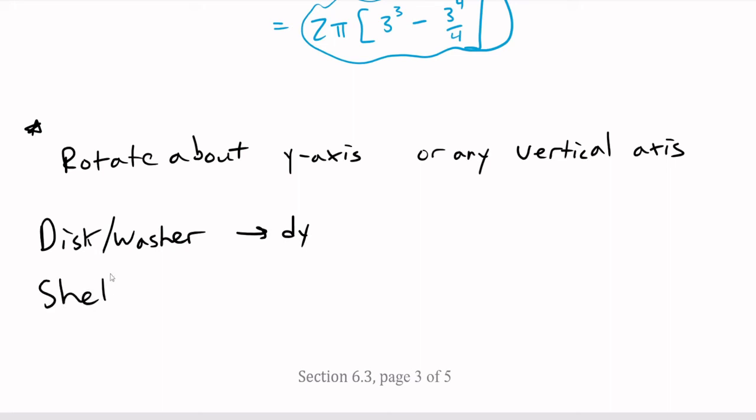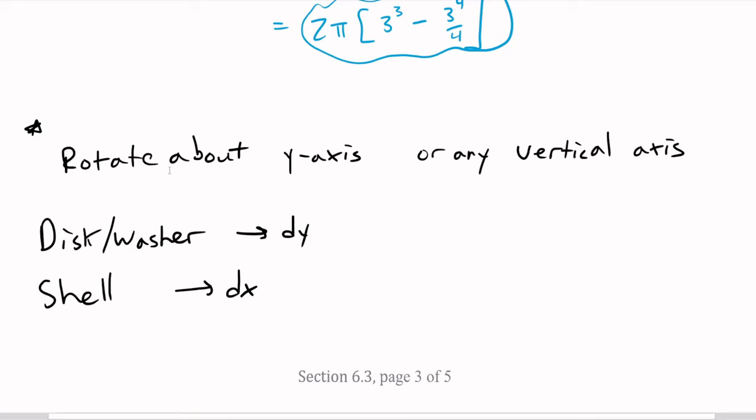Shell will be dx. So if you know you're rotating about the y-axis or any vertical axis, you've got to ask, what's going to be better for me to be using, y's or x's? If you can make that determination, which isn't too bad, using some of the ideas we had above about solving one function for one variable, then this can just tell you what you should use.